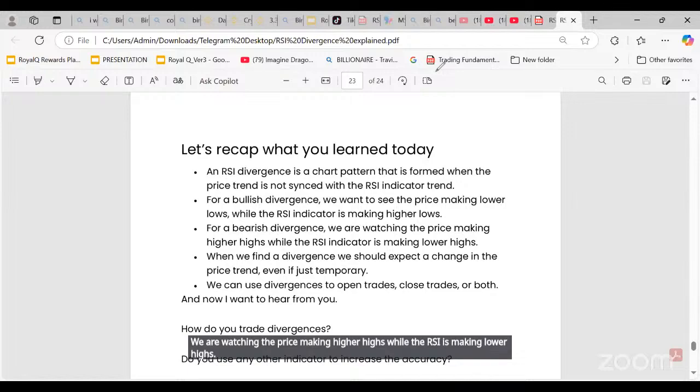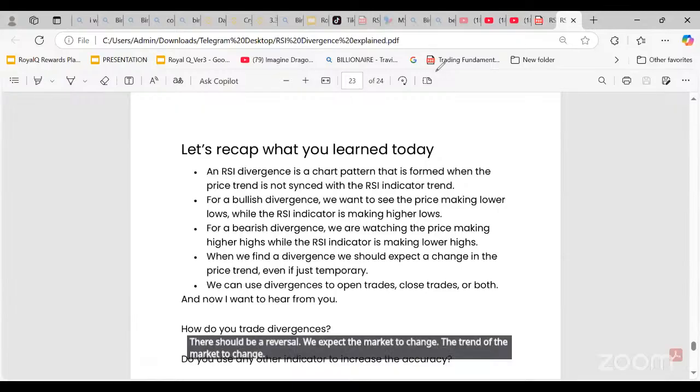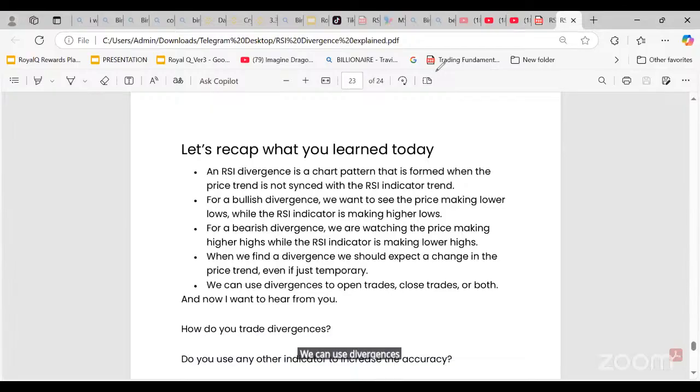When we find a divergence, we should expect a change in the price trend, even if it is temporary. Any divergence, there should be a reversal. We expect the trend of the market to change. We can use divergences to open trades and close trades.